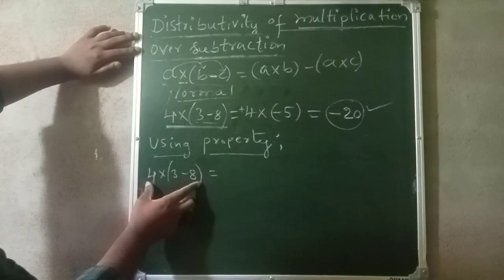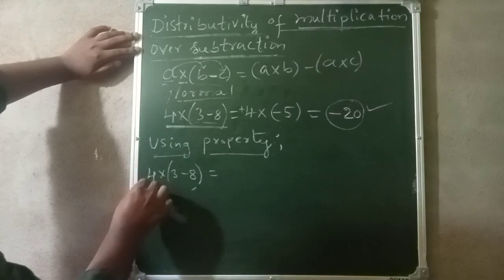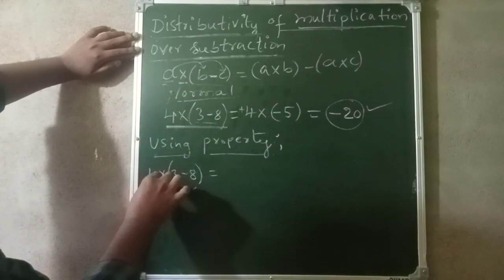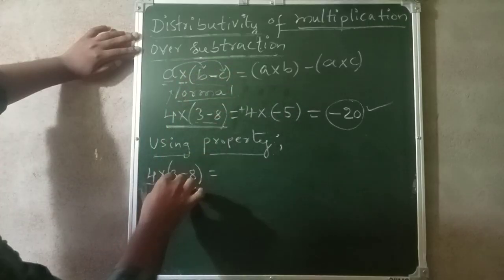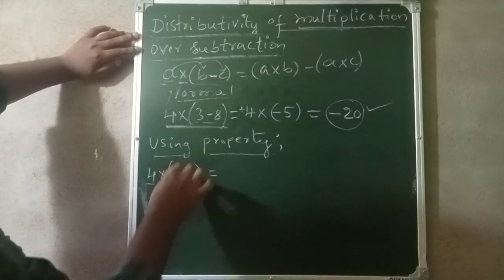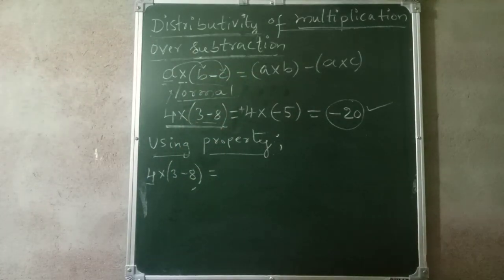See, this is in the form of this, correct? See, in place of a, 4 is there, into bracket, in place of b we have 3, in place of minus, in place of c we have 8. Okay.